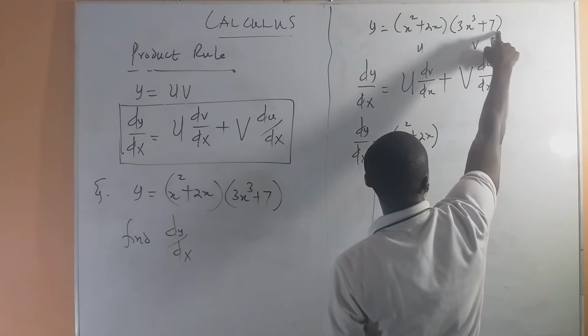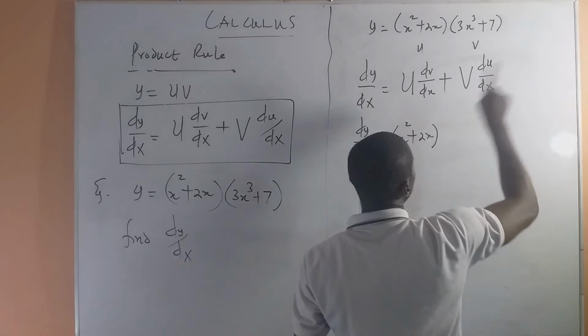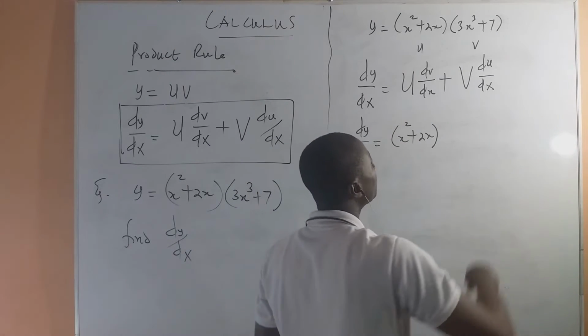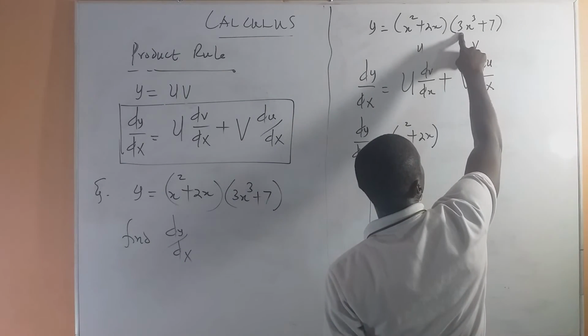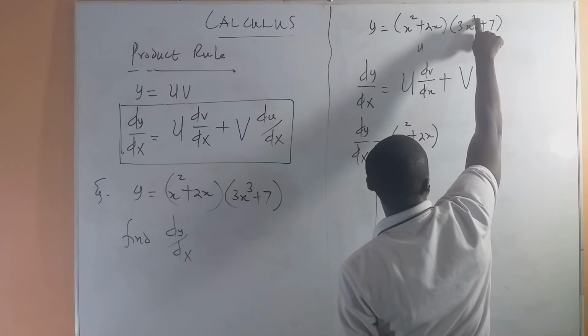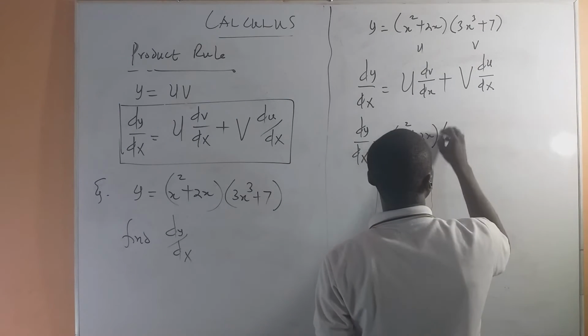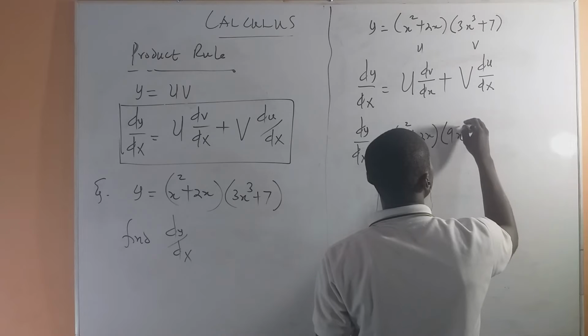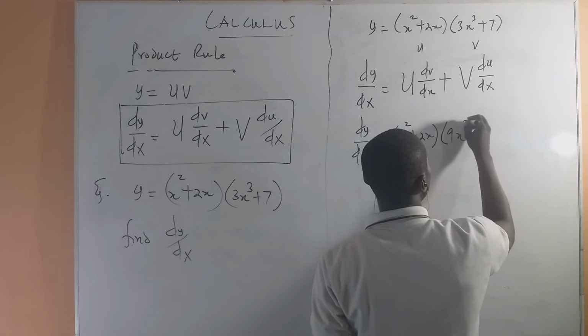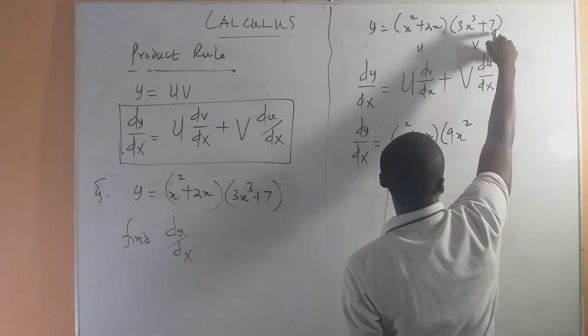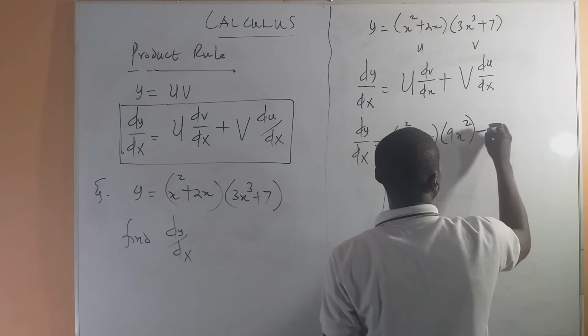Now, take note, we know the general rule for differentiation. So 3 times 3 is 9, then you have x, then subtract 1 from the 3, you get 2. So this will give us 9x squared. Then plus, when you differentiate a constant, you know it's 0, so we are done with that.